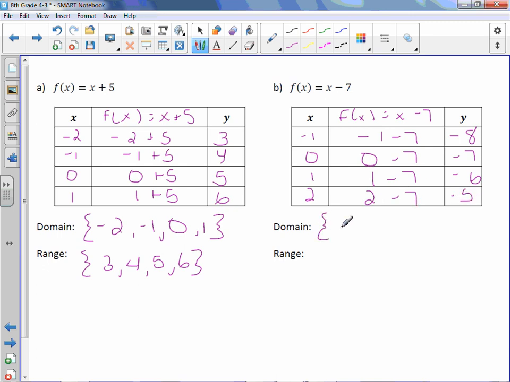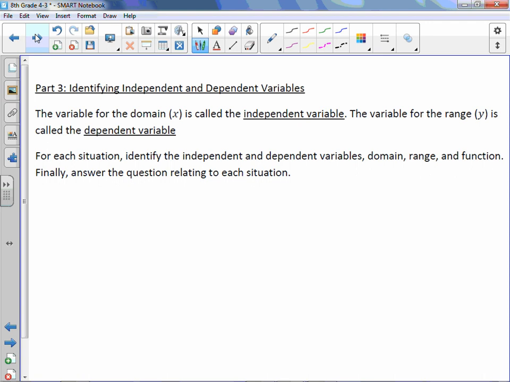The domain, negative 1, 0, 1, and 2. Those are your x values. The range or y values, negative 8, negative 7, negative 6, and negative 5. The variable for the domain, x, is called the independent variable.